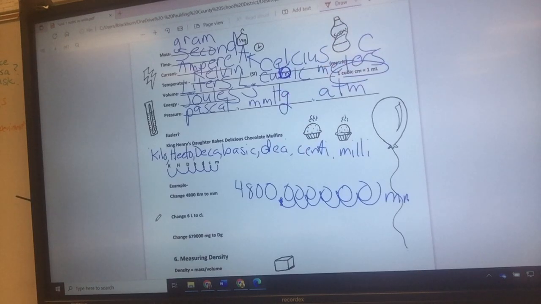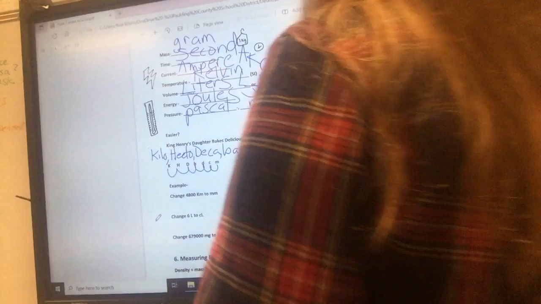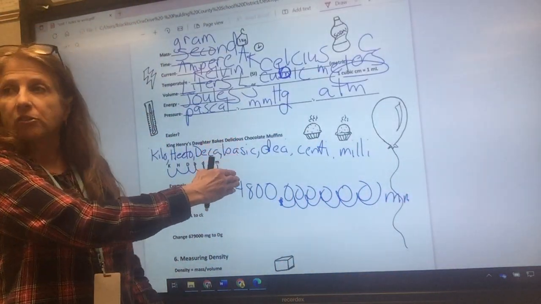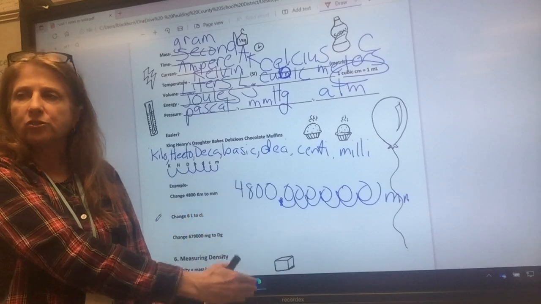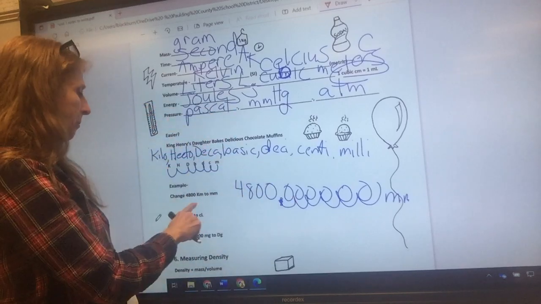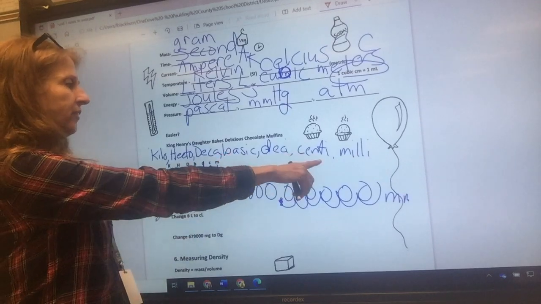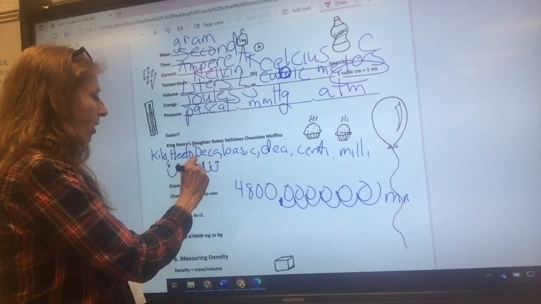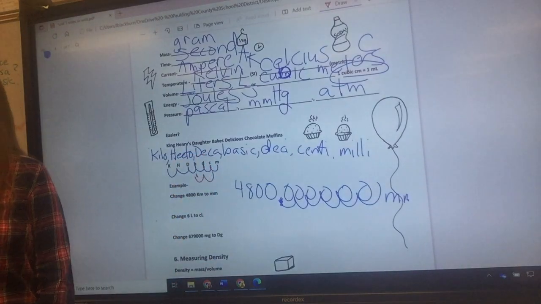Okay, so this time I'm going to change liters to centiliters. So liters is a basic unit. So basic is grams, liters, meters, seconds, amperes, joules. Whatever your basic unit is, we just learned, that's what we're moving from. So we're going from liters to centiliters. So this is my basic to C. 1, 2 frog hops.